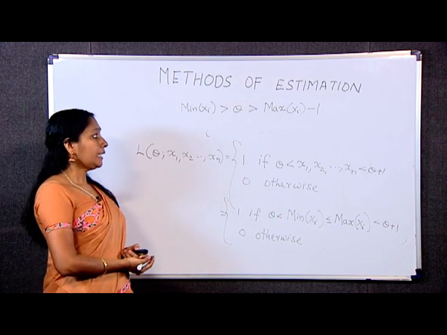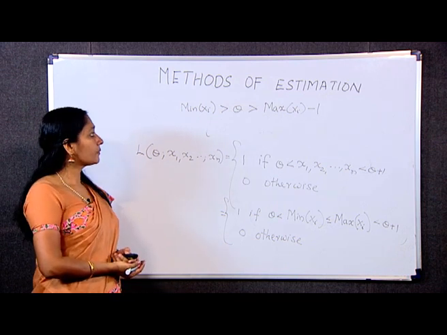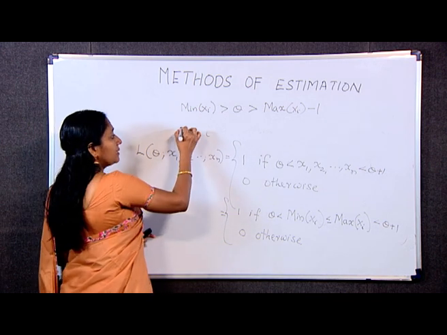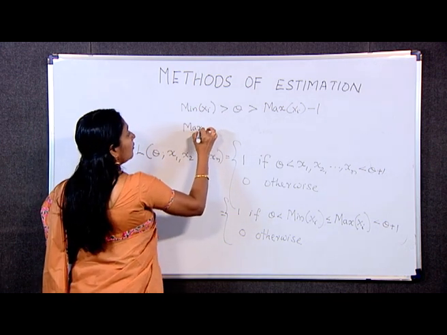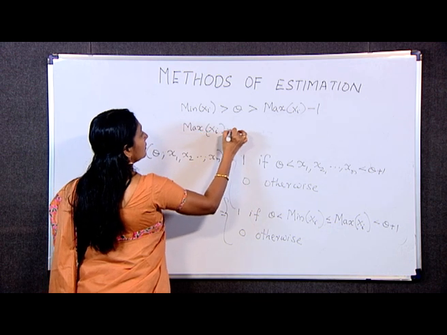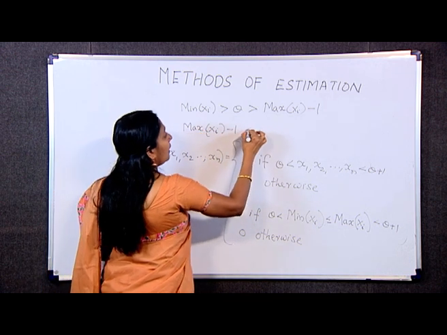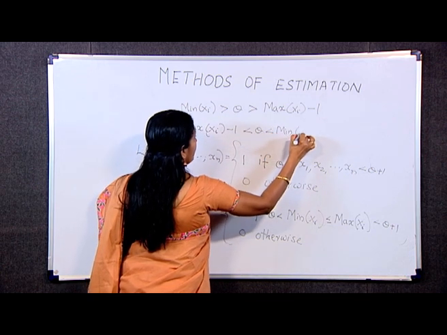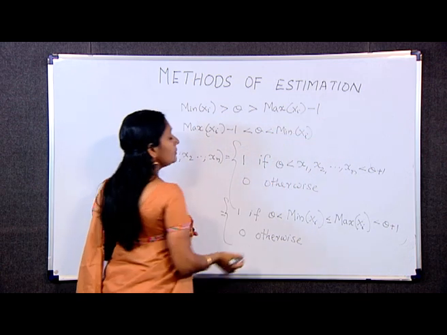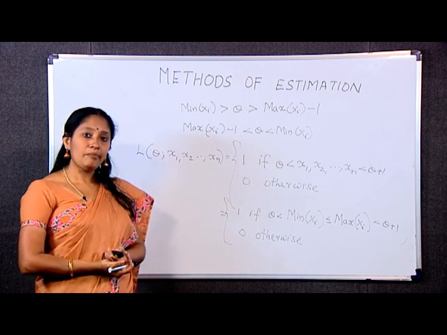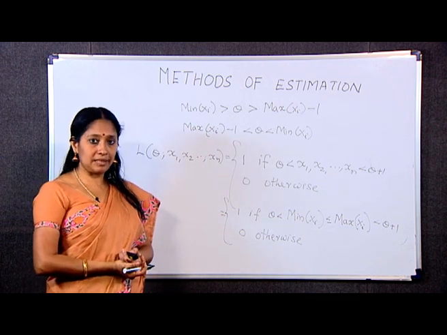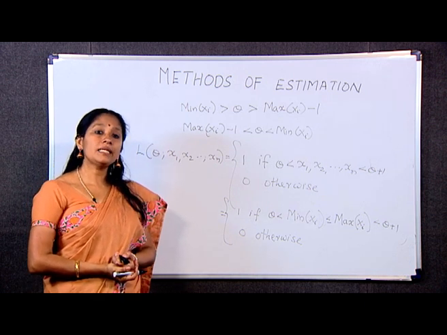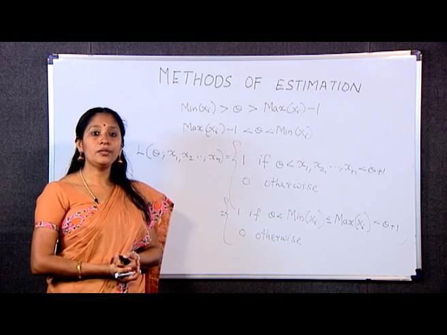Hence, any statistic taking the value between maximum of xi minus 1 and minimum of xi is a maximum likelihood estimator. It means that the maximum likelihood estimator may not be unique.